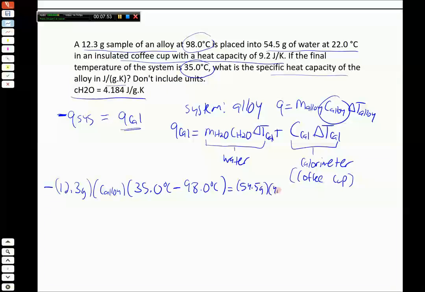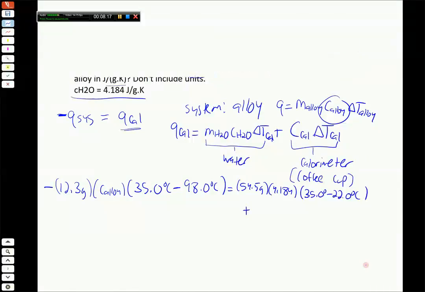Heat capacity of water, which is 4.184. Delta T for the water is going to be 35 is the final temperature for the whole thing, and then it started at 22 Celsius. Then the other term that we have to put on the right side of the equation is just the heat capacity of the calorimeter itself. We don't have a mass here. This is just a total heat capacity of the coffee cup, which is 9.2 joules per Kelvin.